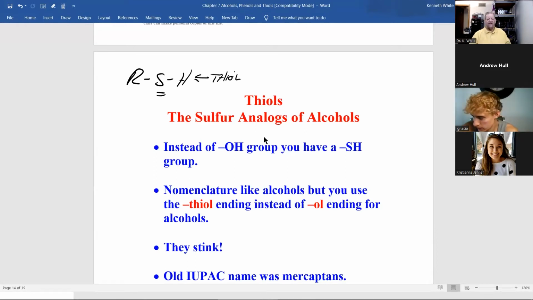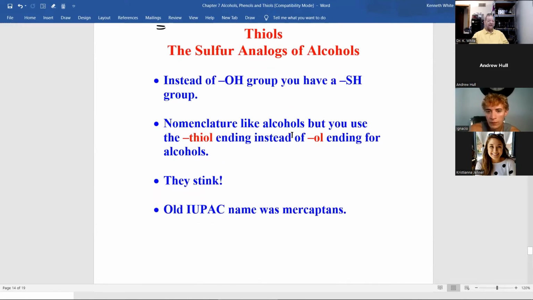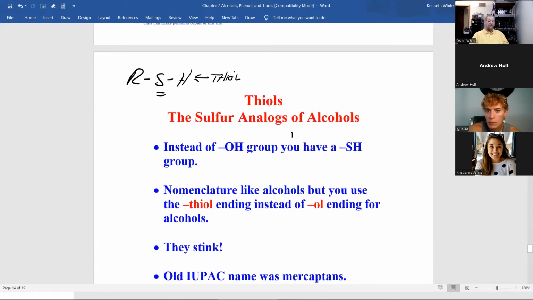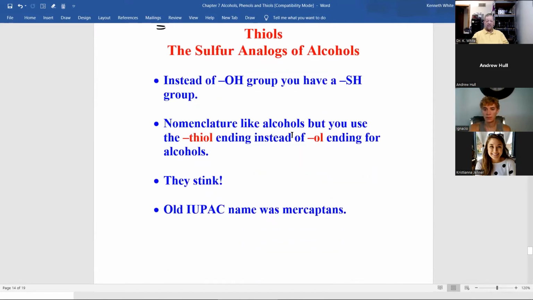Now, I'm not going to ask you to learn the IUPAC nomenclature, but it's like alcohols, but you keep the E, and instead of using OL like an alcohol, use THIOL for the ending, and they stink. Now, you're going to hear me sometimes in this chapter say mercaptan.